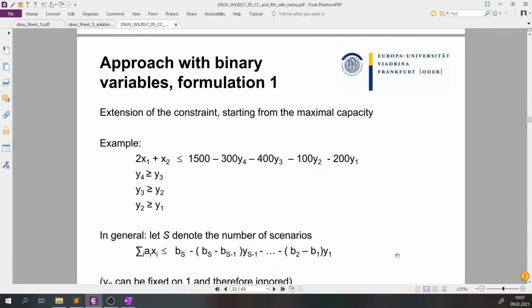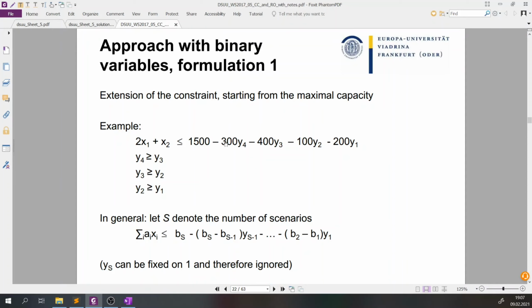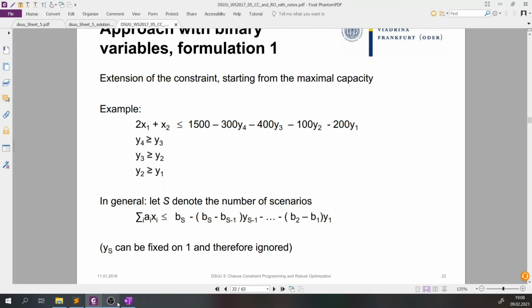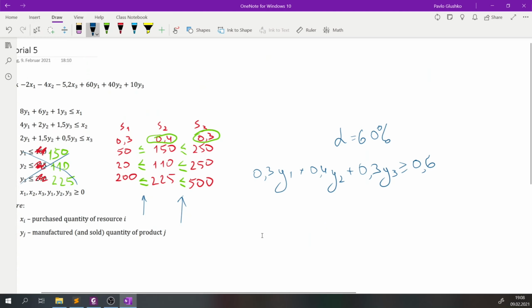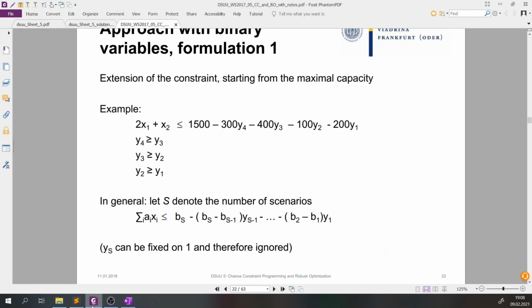So the first approach, I will now implement with a similar idea for our problem. Let's look at the demand of product 1. It should be less or equal than something. And then how do we formulate the right-hand side using these binary variables and maybe something else? The formula for how we formulate the right-hand side is here.